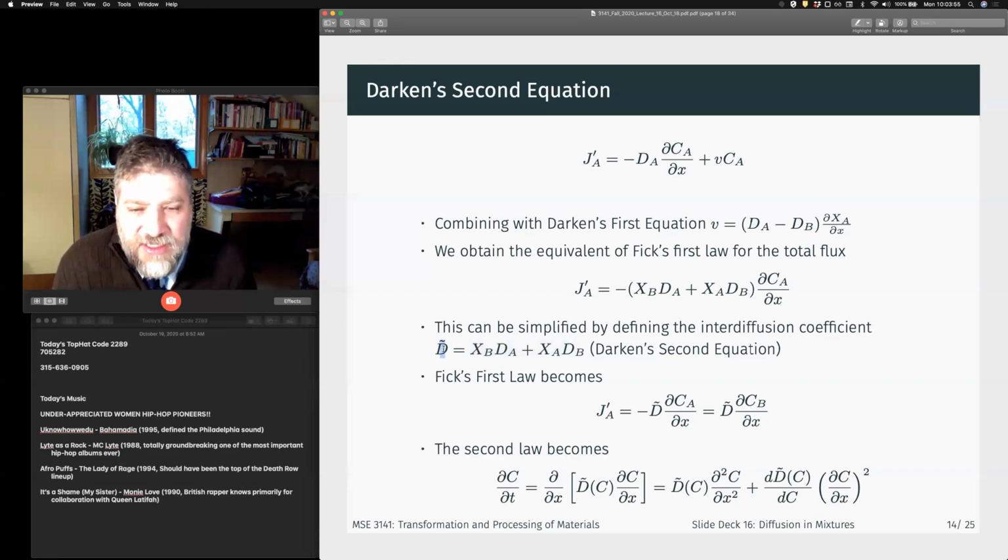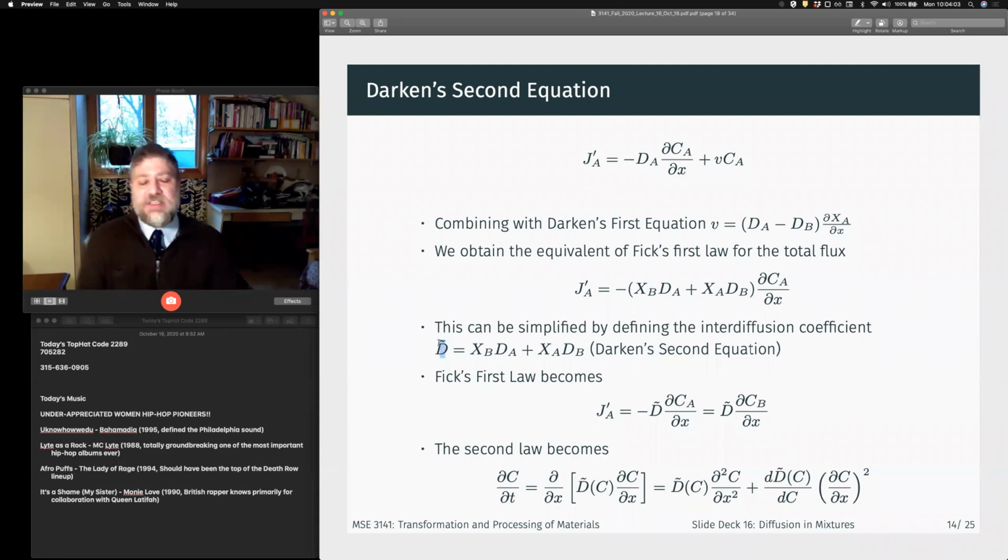So think of this interdiffusivity as an average or an effective diffusion constant, a diffusivity that explains how A and B are going to interpenetrate each other.